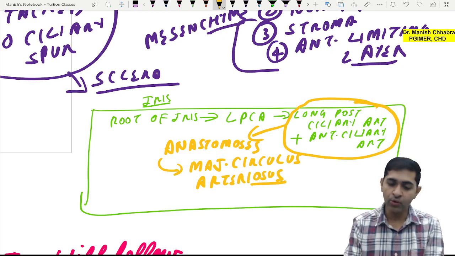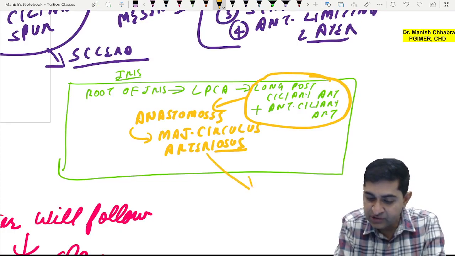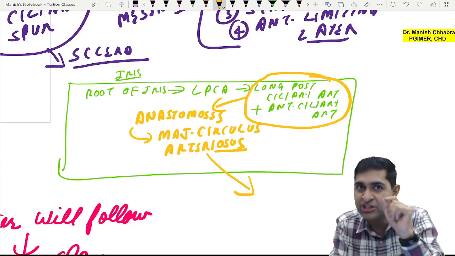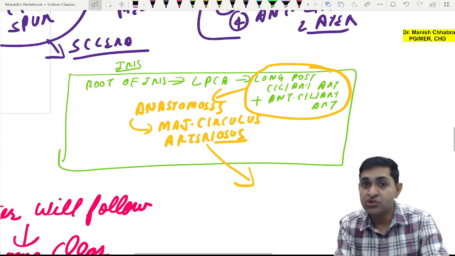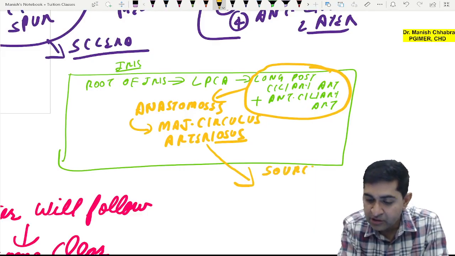Okay, now these vessels which are forming the major circulus arteriosus are all at 360 degrees at the root of the iris. So if there is blunt trauma, this is the source of blood.